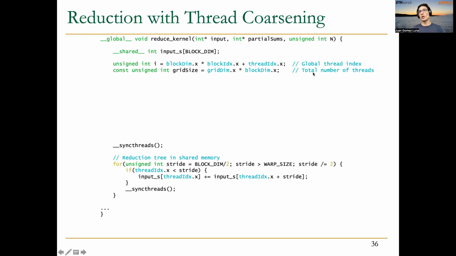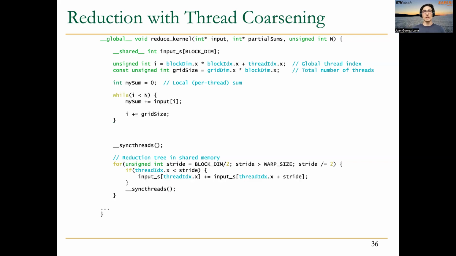And now we also use the total number of threads, that is the grid dimension times the block dimension, so the total number of thread blocks times the number of threads per thread block. So now this grid size contains the total number of threads that we are using in our program. For each thread, we have a local or per-thread sum that we initialize to the identity value, 0 in the case of the addition.